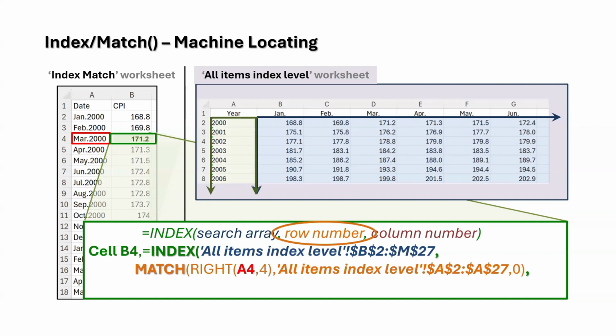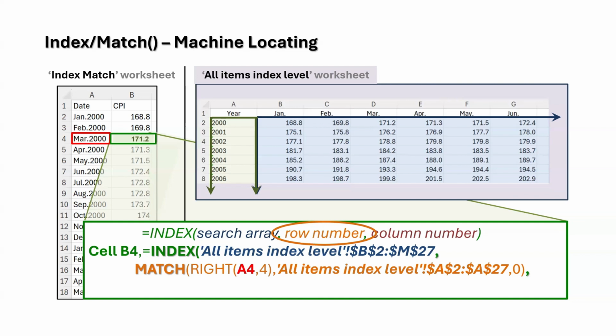Now we're going to go get the row number. That's what this next section is. We're going to use the MATCH function, looking at the dates. The years that we're looking for, in the row headings in this CPI worksheet, are the four characters on the right. So for the thing to look for, we tell MATCH to look in cell A4 and use the four characters on the right.